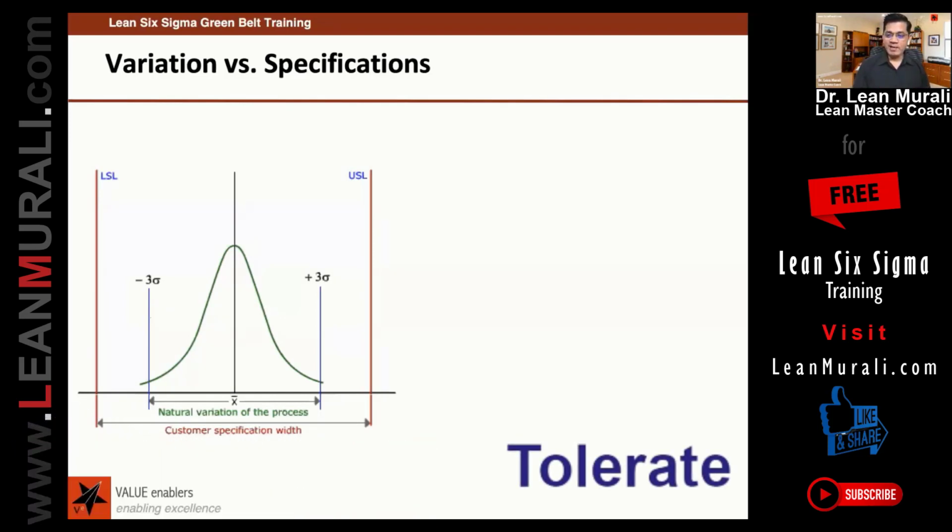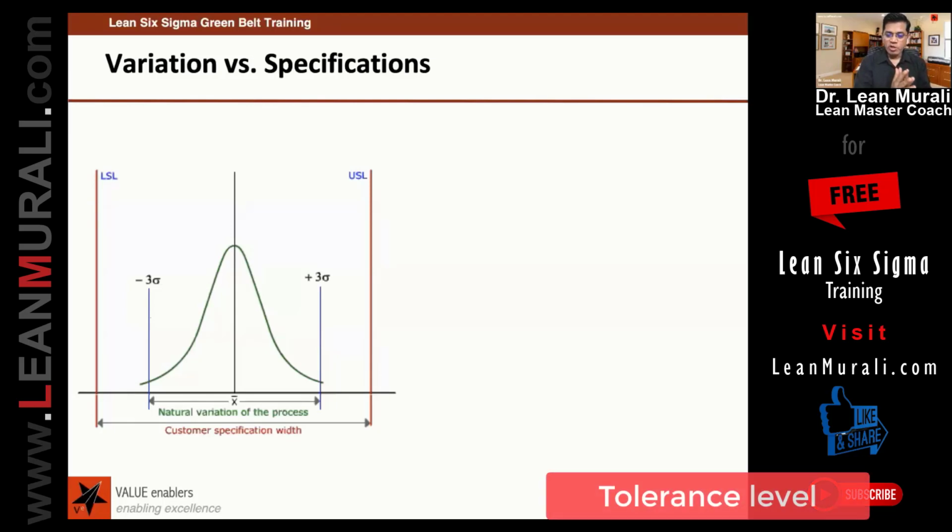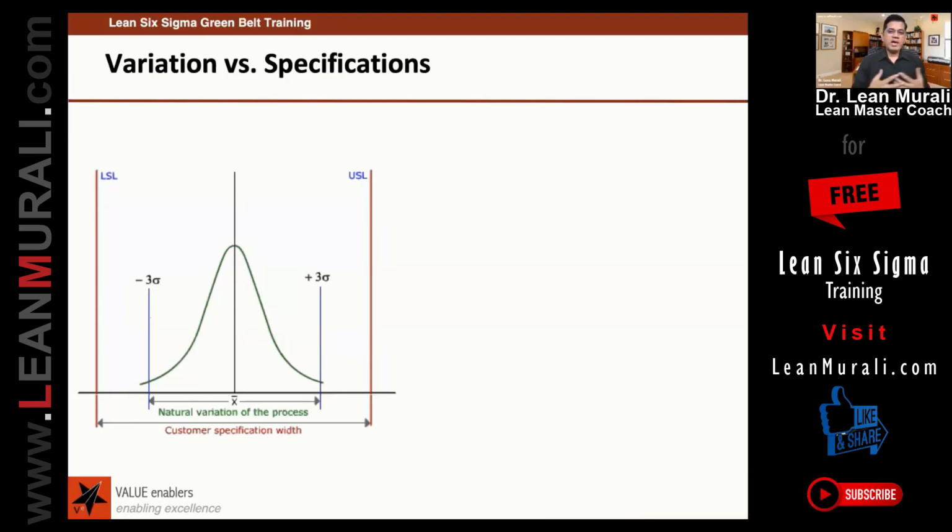Suppose if 1 kg is half a kg, definitely you can't tolerate. 1 kg is say 1000, 990 grams you can tolerate, right? 100 grams plus or minus you can tolerate, right? That's called tolerance limit, okay? We also call specification limit what you can tolerate. Beyond this, I cannot tolerate, and that's why anything that goes beyond that, the customer rejects, right?